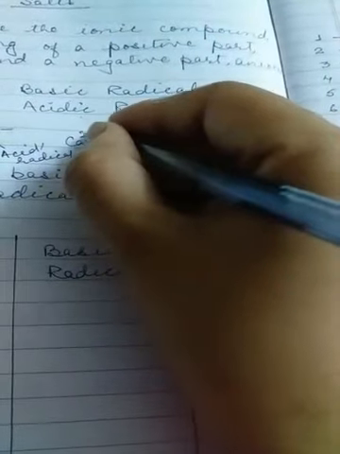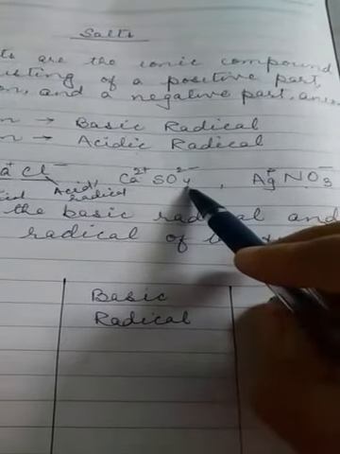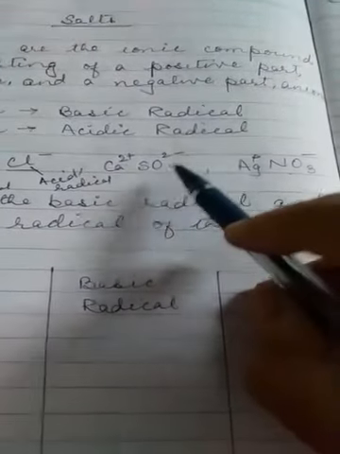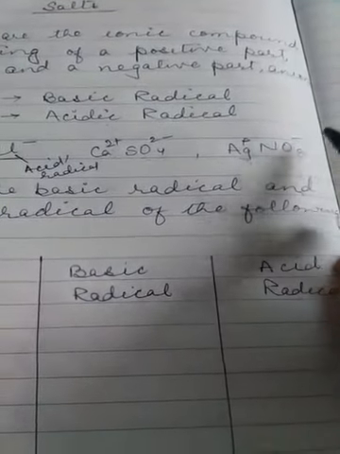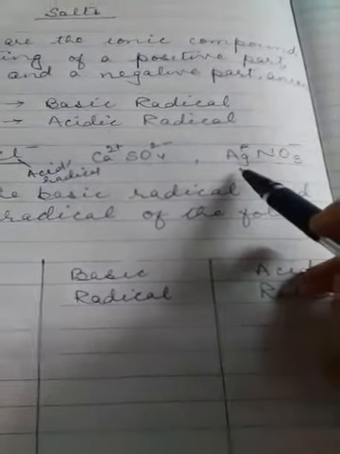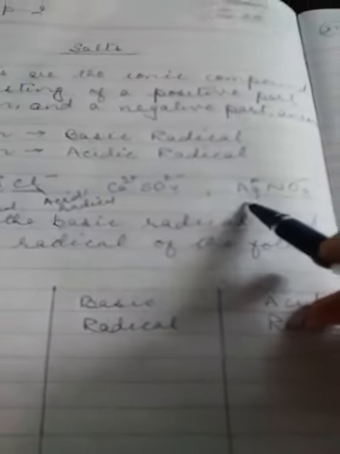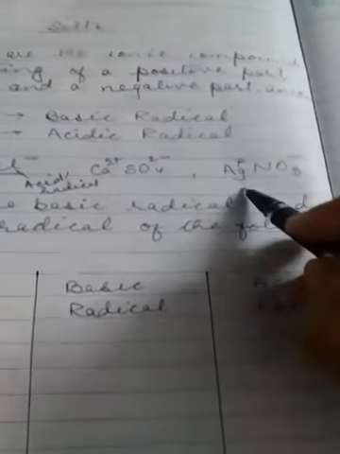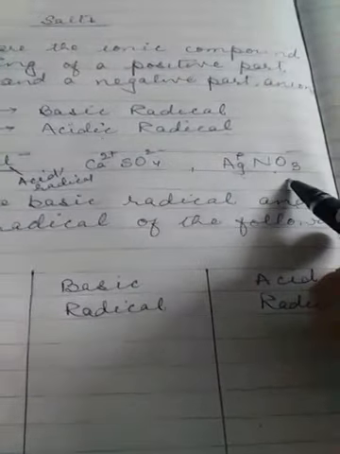Likewise calcium 2 plus is the basic radical and sulfate 2 minus is the acidic radical. Silver plus is the basic radical and nitrate is the acid radical. We can say that the metal part of a salt is basic and the other part is acidic.